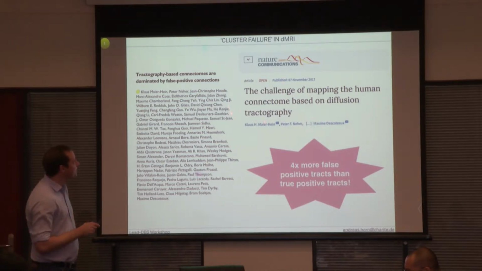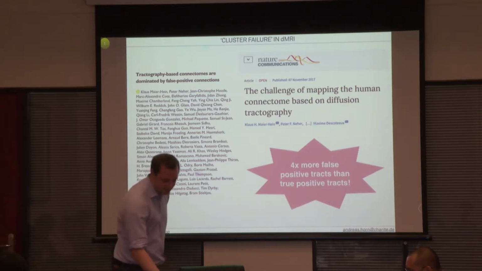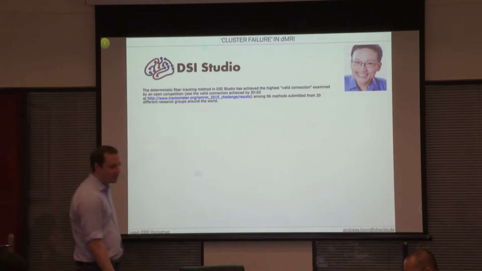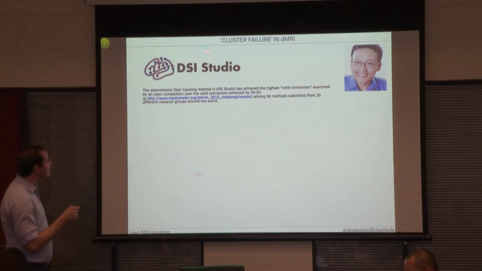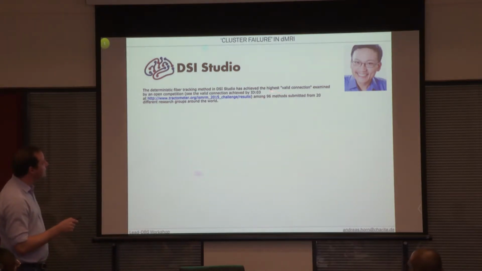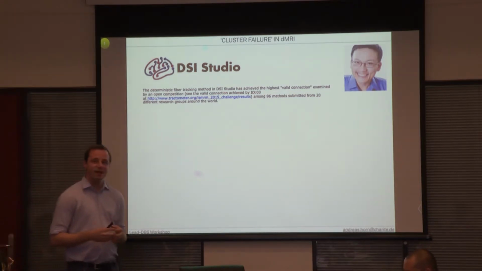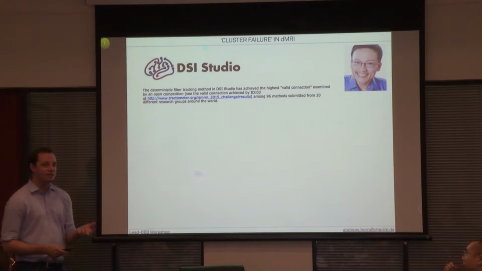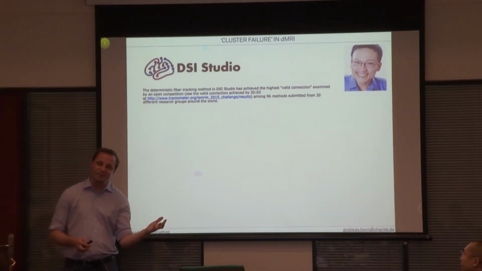It was then published in Nature Communications, so now a really well accepted paper. And in that challenge, the DSI Studio method just achieved the highest valid connection. It was 96 methods from 20 research groups. With that, I think it's the perfect tool for clinical DTI, so for clinical applications, because valid connections means not so many false positives as the others.